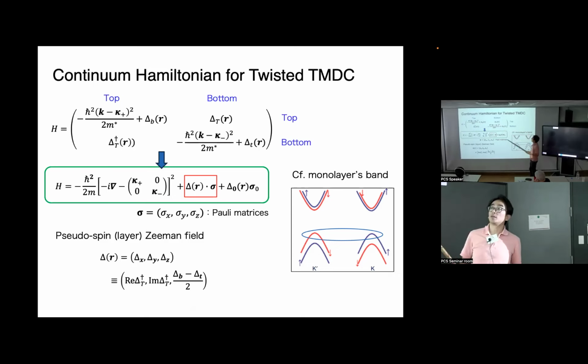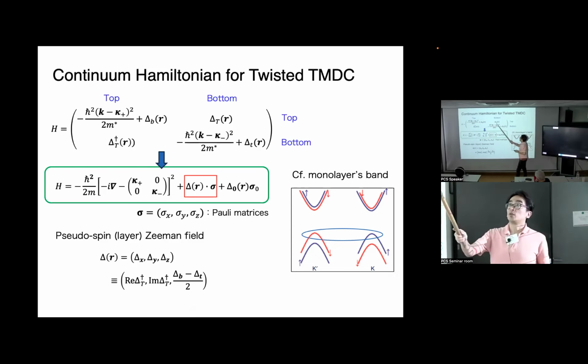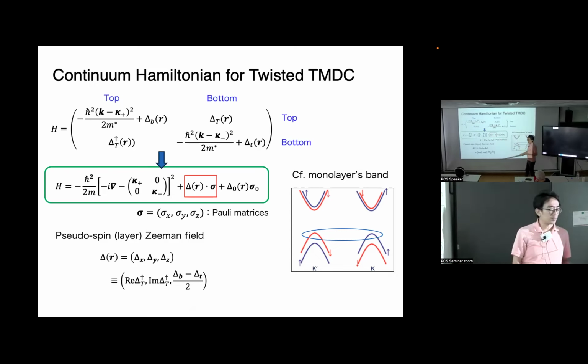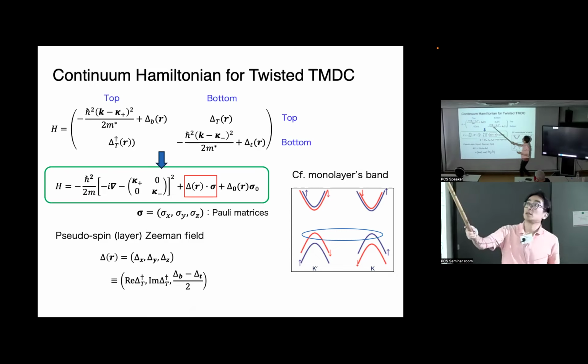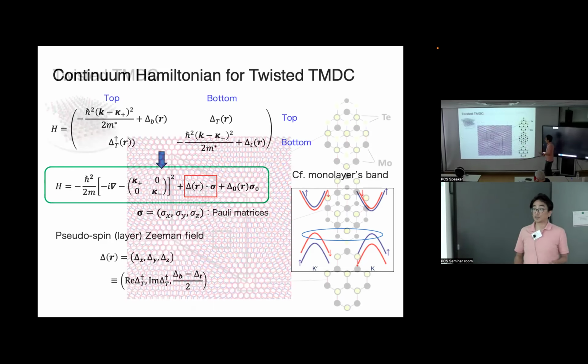The point is, we have 3 different Moiré effects. One of them, delta large D, is just an interlayer coupling, basically the same as in the bulk. But the new thing is that we have some on-site energy on top and bottom, because the energy gap between here and here slowly depends on the stacking nature. This doesn't exist in the bulk structure.